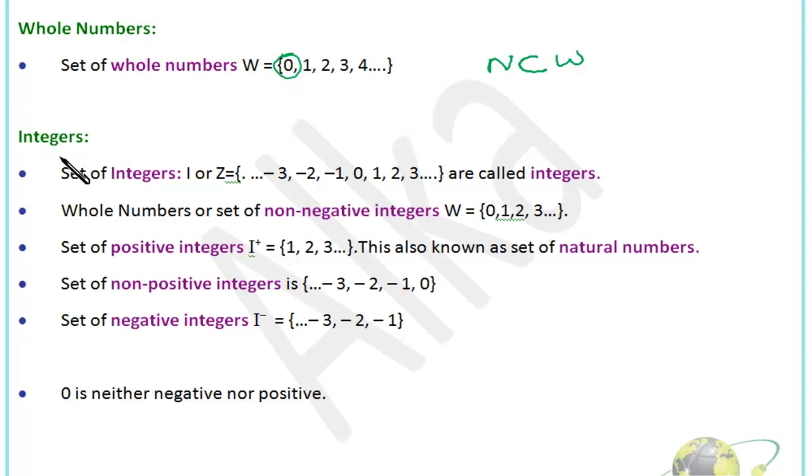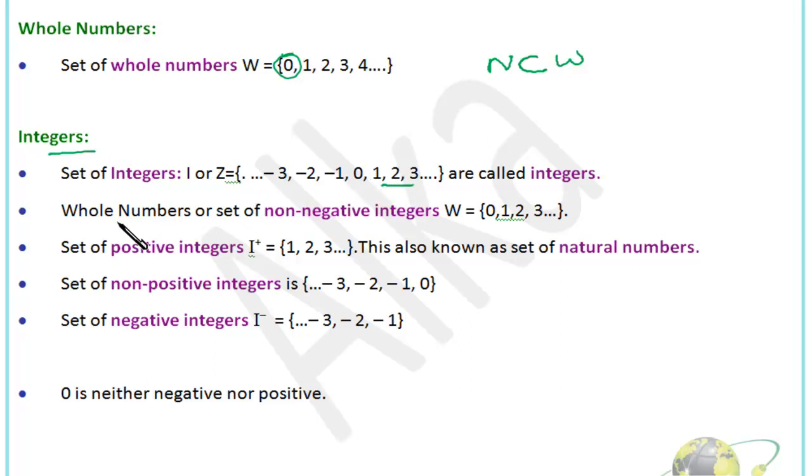Okay. After that, it's integers. In the set of integers, we denote integers by I or Z. In the set of integers, there are positive whole numbers, the negatives of the whole numbers, as well as 0. So these are, we can say, positive natural numbers, these are negative natural numbers, and this 0 is there.